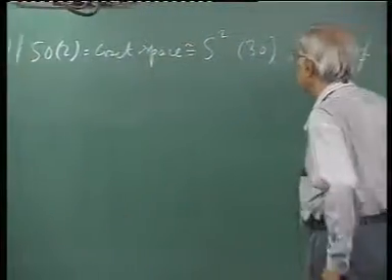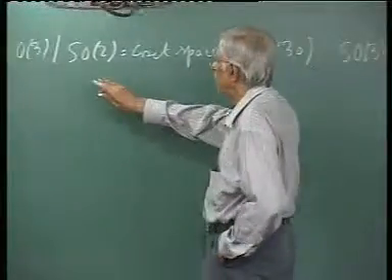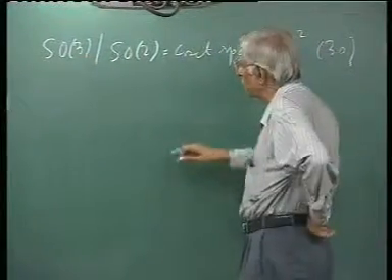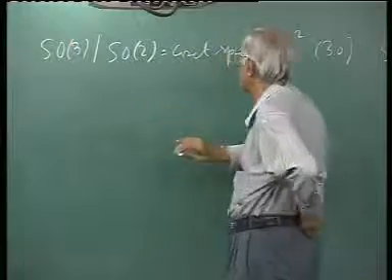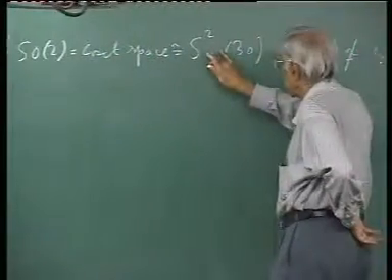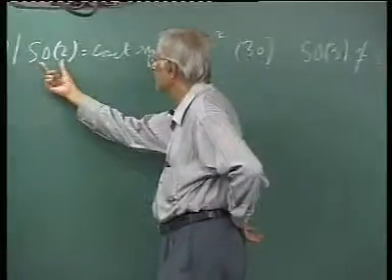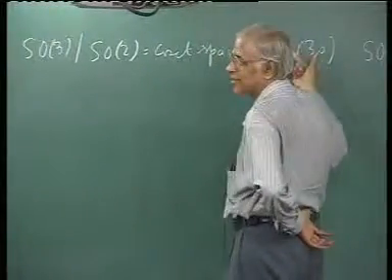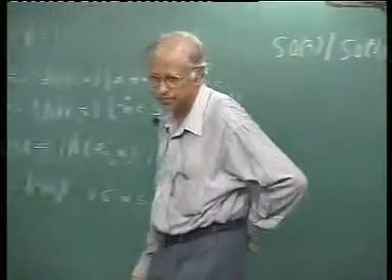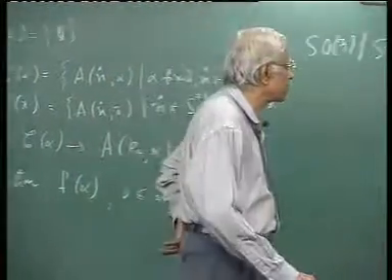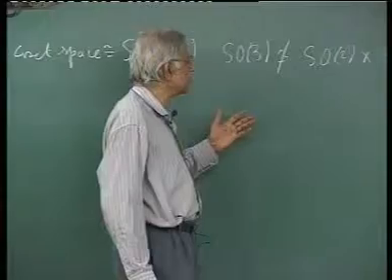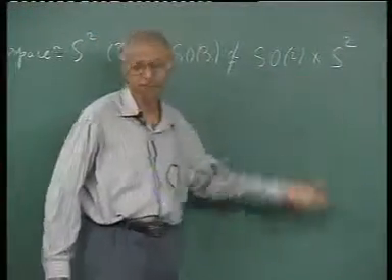It's not an invariant subgroup. It is a family of cosets. The set of all cosets of SO3 with respect to this subgroup is indeed S2. That does not mean that you can take this SO2 and swing it to the right. You cannot do that. I leave it to you to argue why this cannot be true.